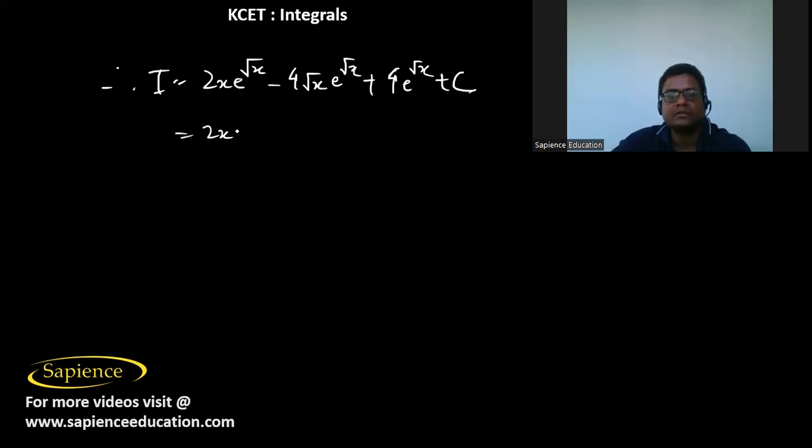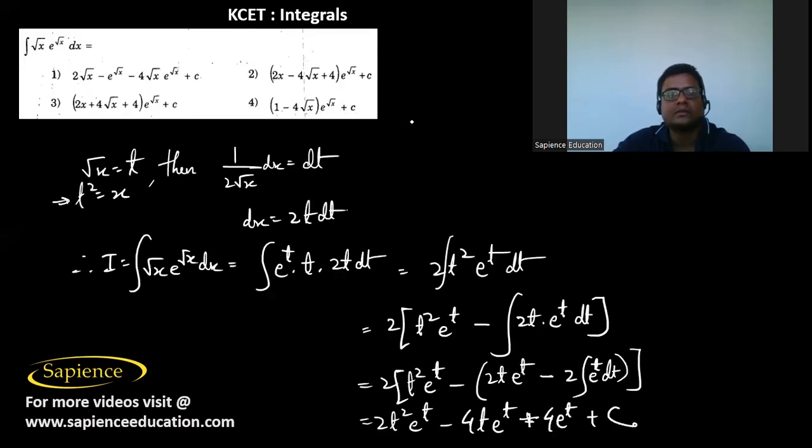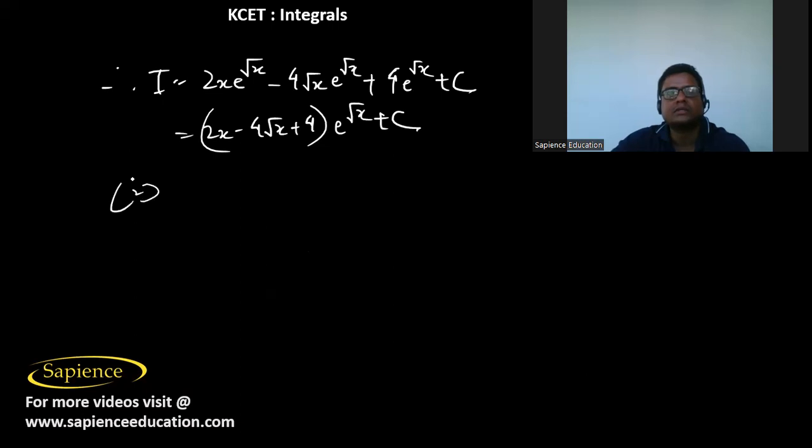So this will be 2x minus 4 root x plus 4 whole into e power root x plus c. So option 2 is the correct answer.